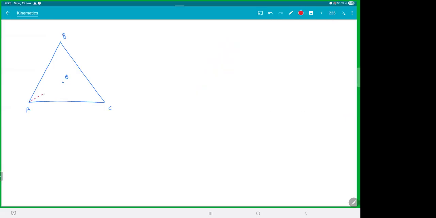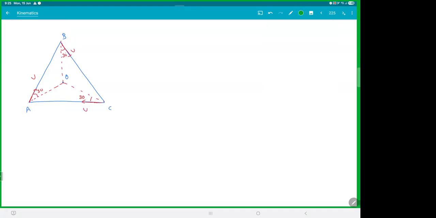If you look at the velocities here, this angle is 30 degrees, this angle was 30 degrees, and this angle was 30 degrees. Now, if you resolve the velocities into components, this is what you will see. This was speed u. This was speed u. This was speed u.